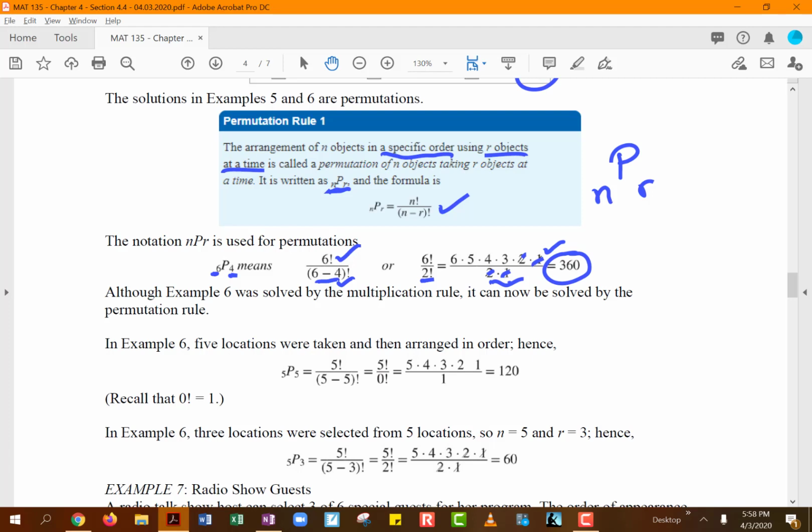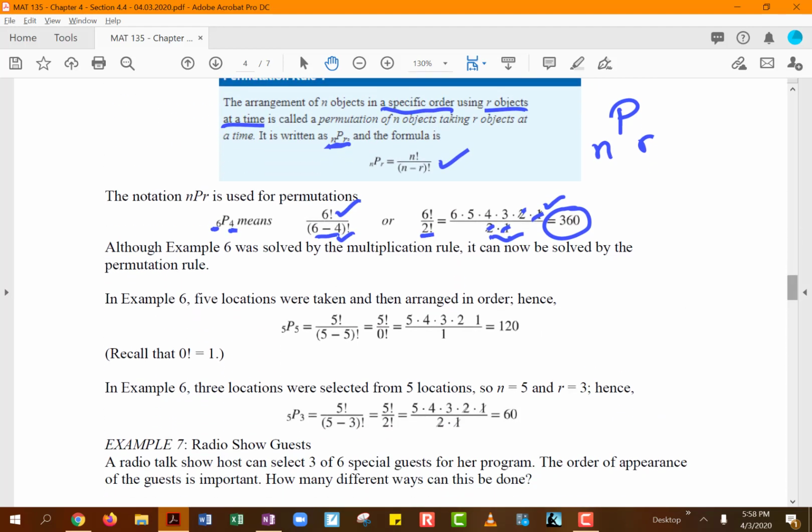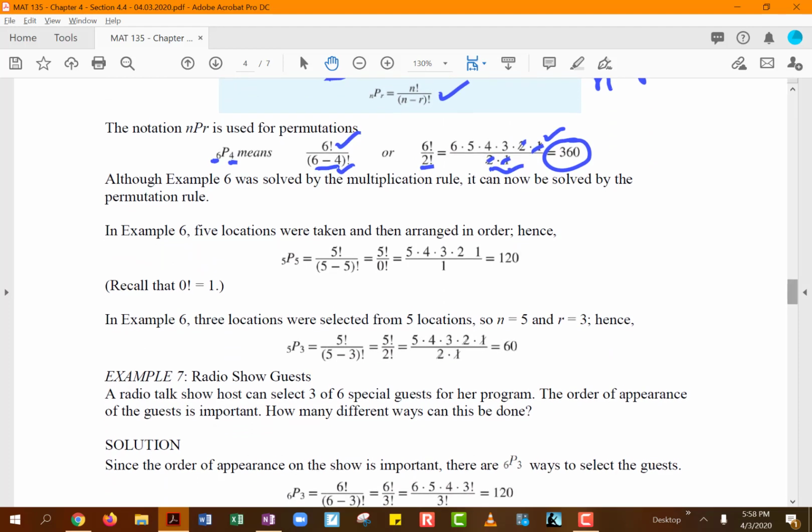Okay, so they are saying although example 6 was solved by using the multiplication rule, or you can think of that as the fundamental counting rule, you can also use permutation to solve that answer. Okay, so let's look at example 6. Yeah, so they are saying 5 locations were taken and then arranged in order. So you're taking all the 5 locations and you are giving it the top first location, top second, top third, top fourth, and the top fifth, which I guess would be the last location.